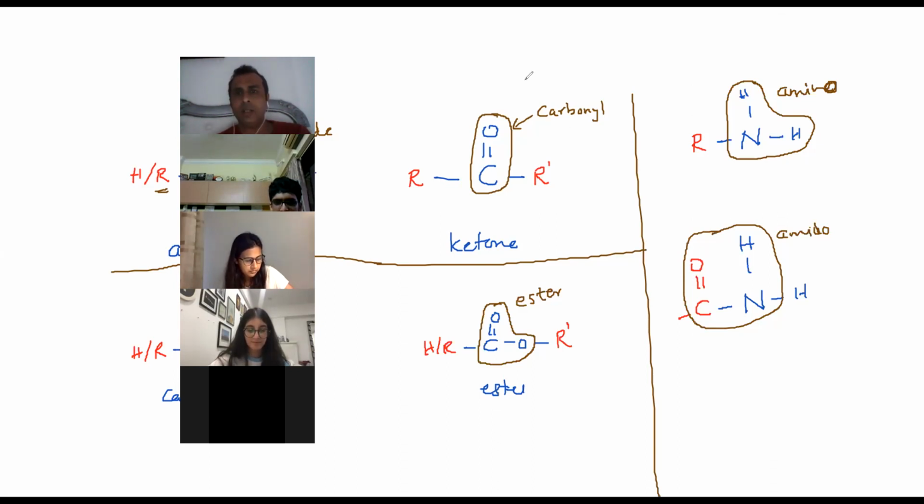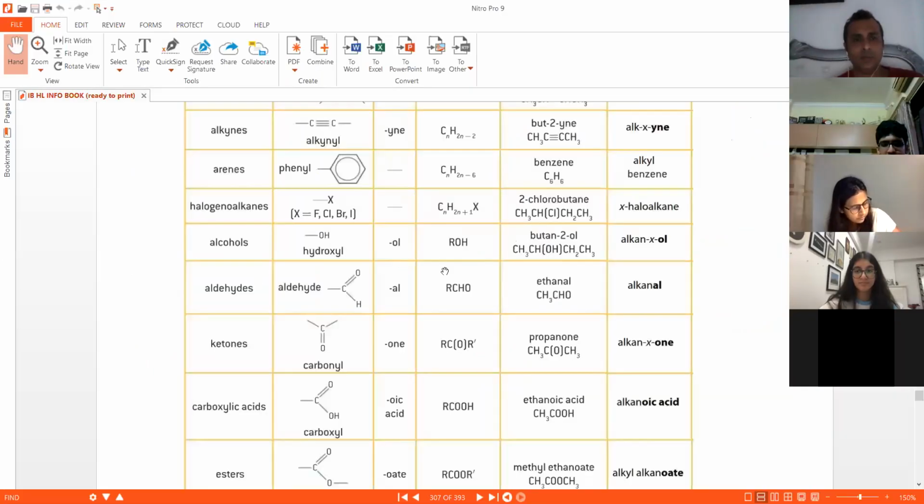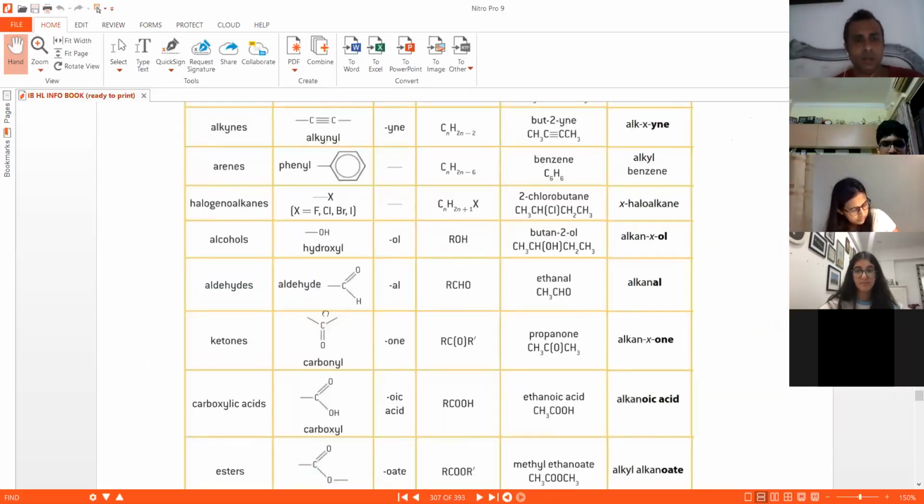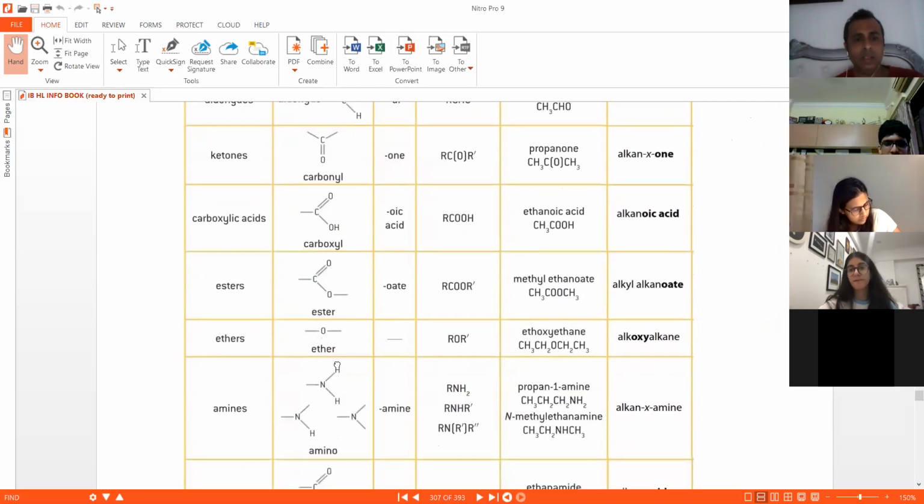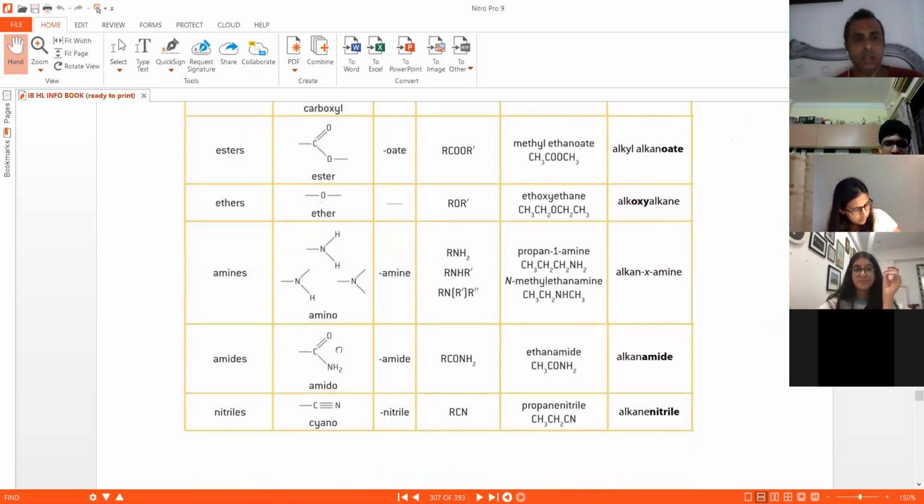All right. So I'll just save this whiteboard. Now let's go back to the table. So ketones, carboxylic acids, esters. Now ethers are left and nitriles are left.